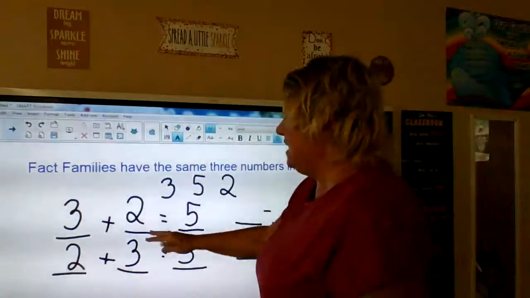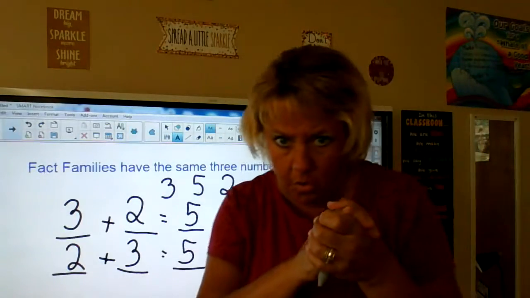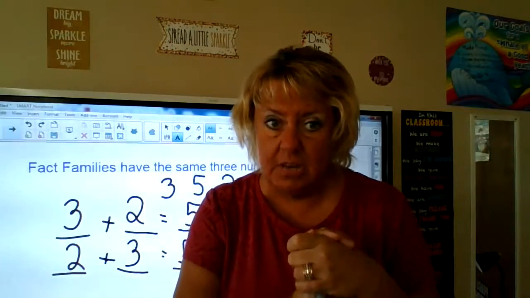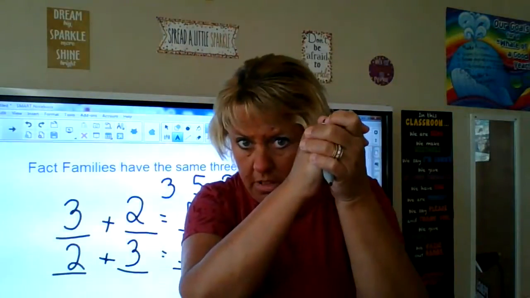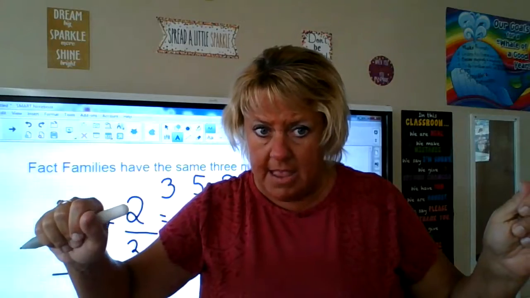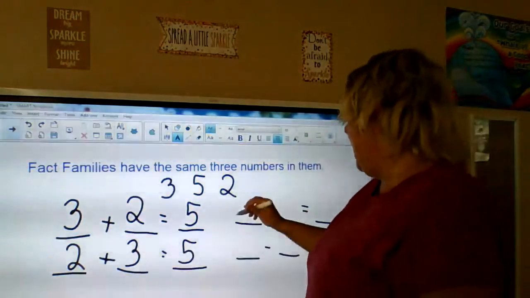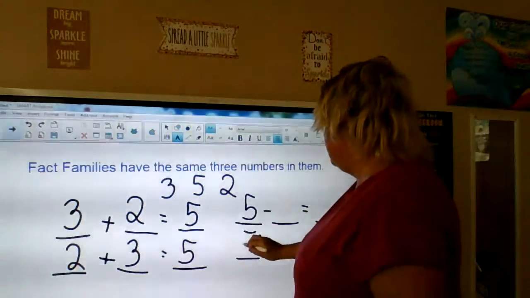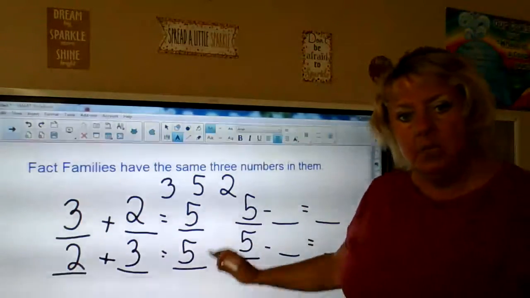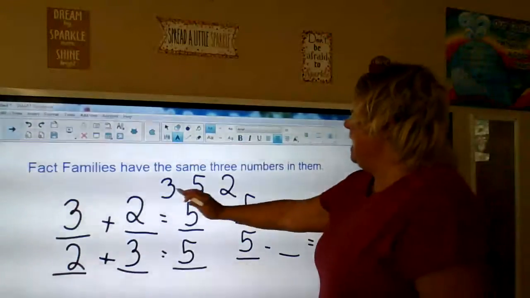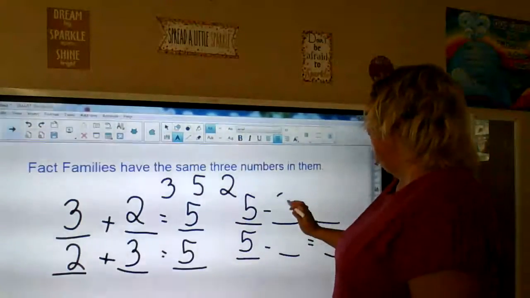When we do addition, we take part, part, whole. So the whole comes at the end. But when we do subtraction, we start with the whole and take it apart, right? So the whole, the big number, would be 5. So on my 2 subtraction problems, we're going to start with 5. And now I can use a 3 and a 2.